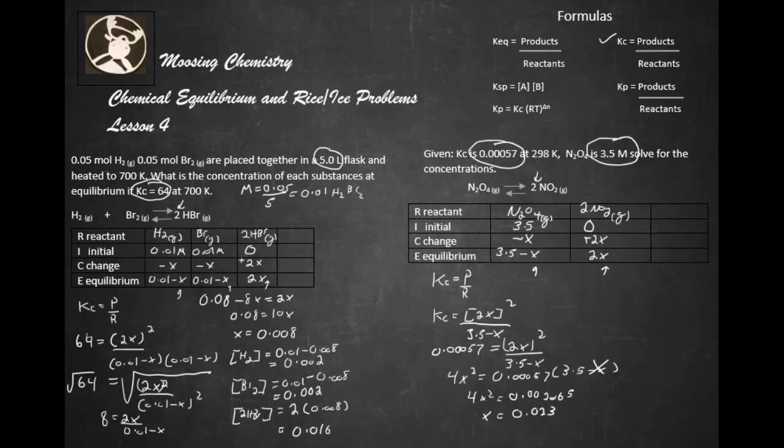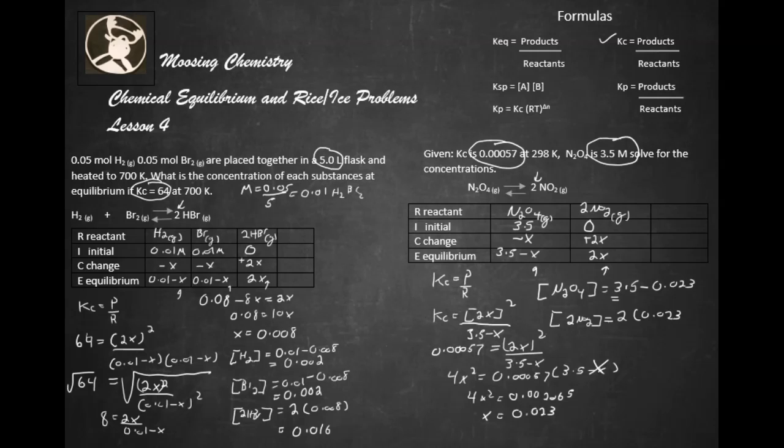So our N2O4 concentration is going to equal 3.5 minus 0.023, and our 2NO2 value is going to equal 2 times 0.023.